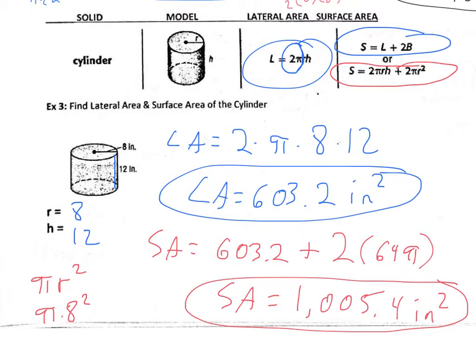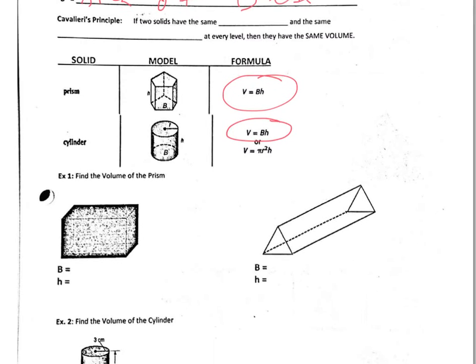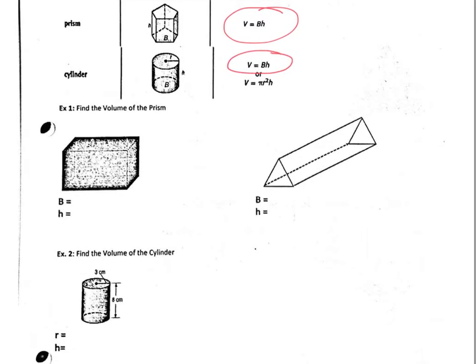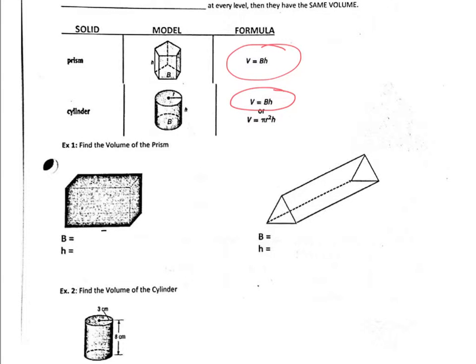Okay, looking at volume, when we see this capital B, just a reminder that we're talking about the area of the base. So here we have the formula. I think it's a little easier than even surface area and lateral area. If we're looking at a prism, which doesn't have any numbers, I'll add them. We'll make this 7, this 4, and this 6.